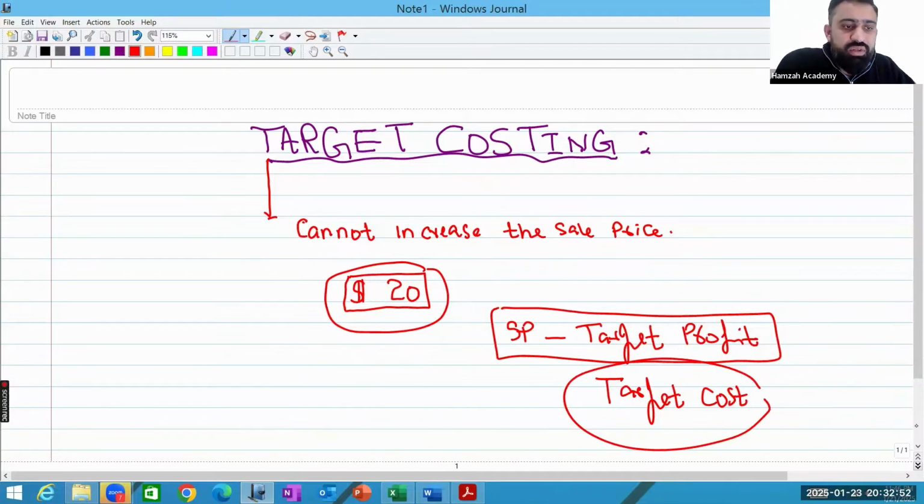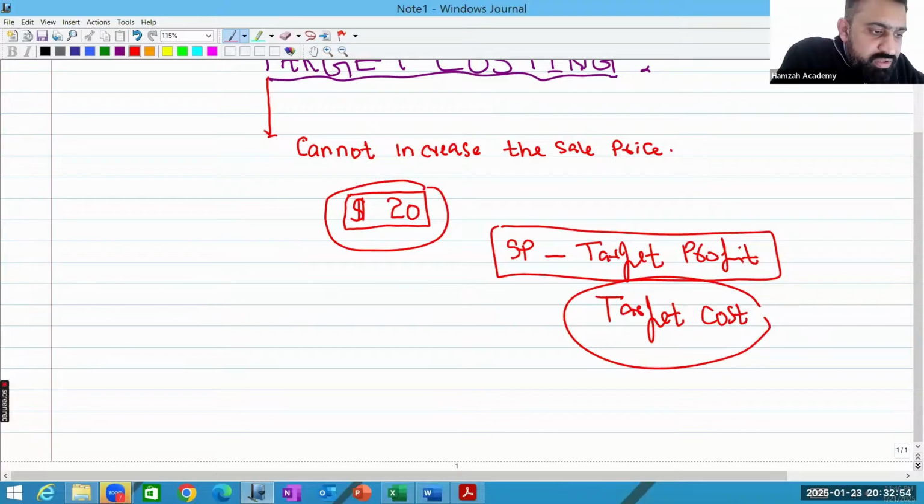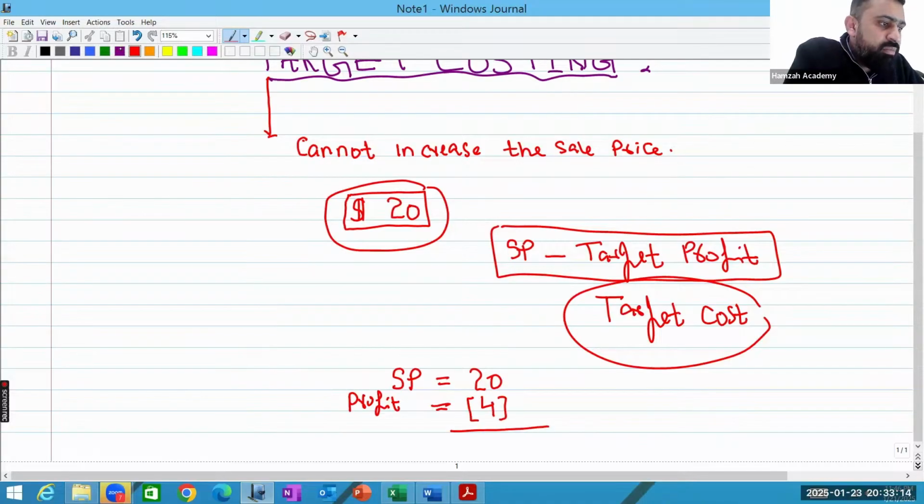Now, for example, if the sale price is $20 and you cannot increase it, but you want to make a profit from the product, let's say $4, that means now your target cost is $16.